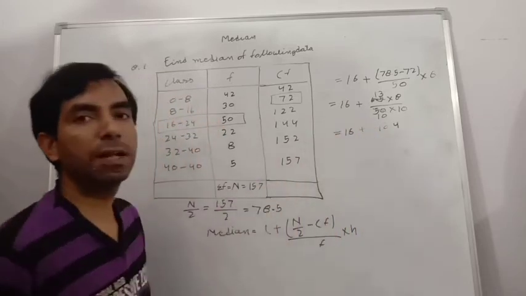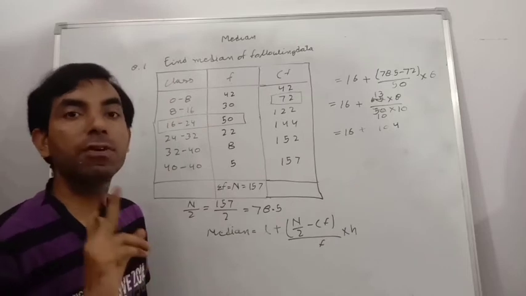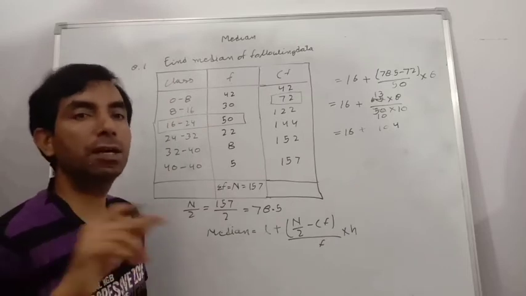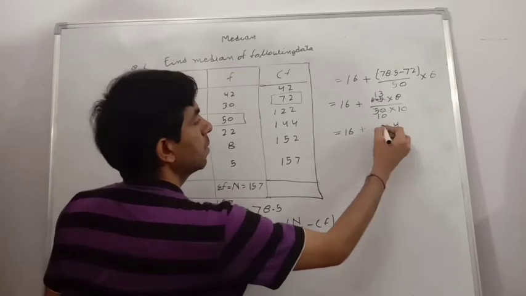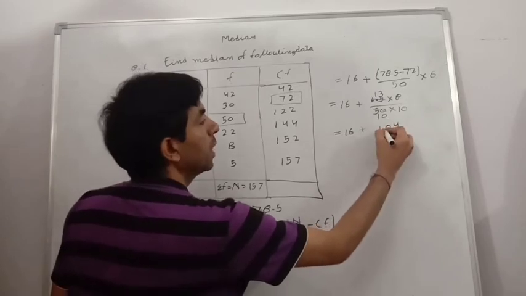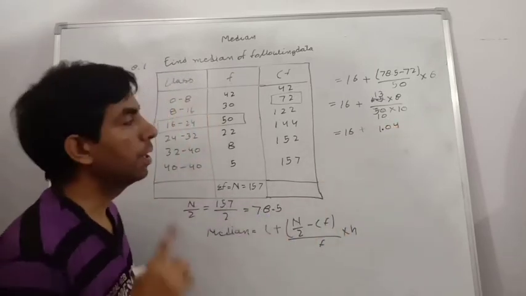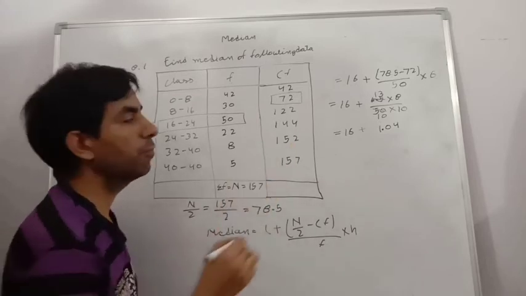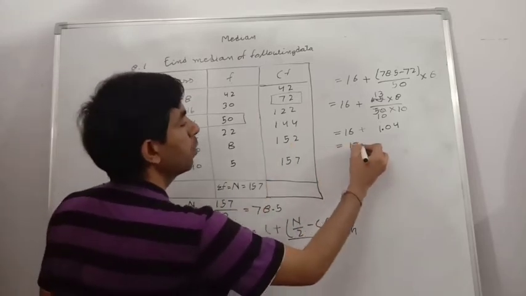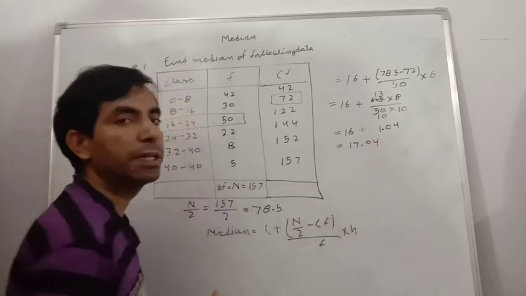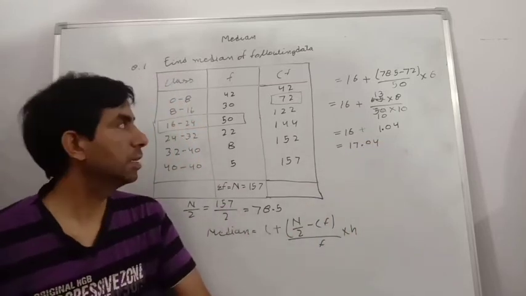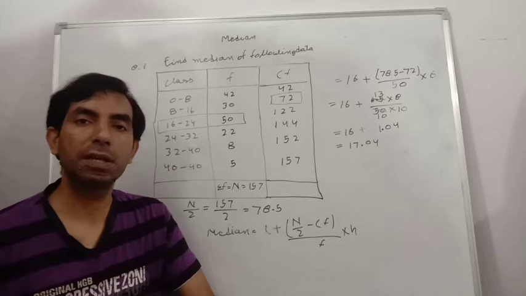Here in the denominator we have 100, which has two zeros, so write the decimal after 2 digits. So our answer is 1.04. Now we add 16 and 1.04, and we get 17.04. It is the median of this grouped frequency distribution table.